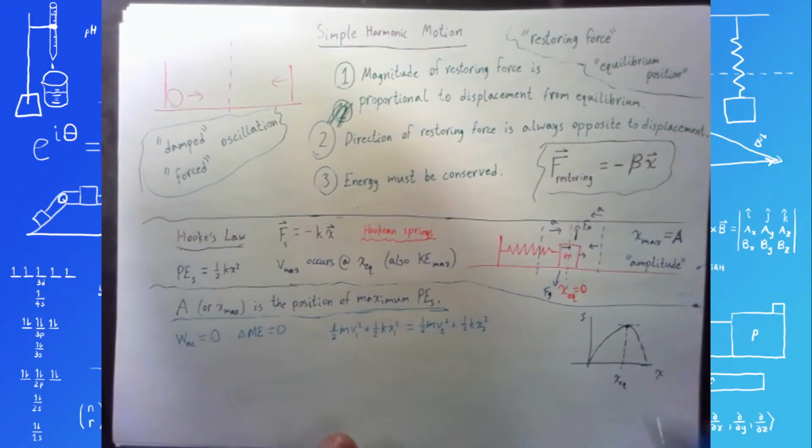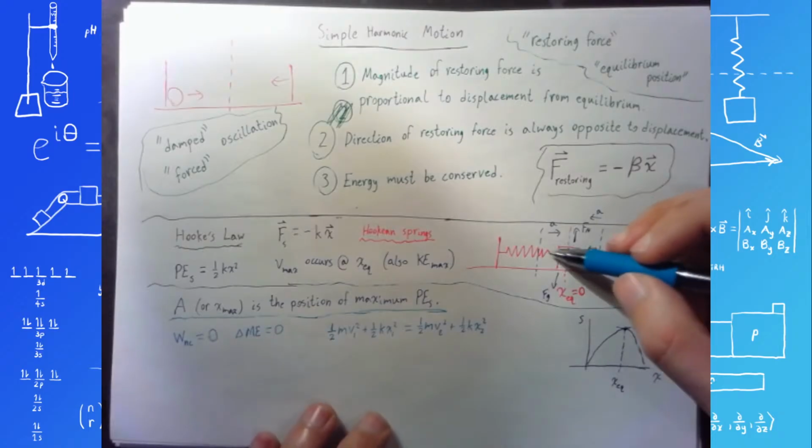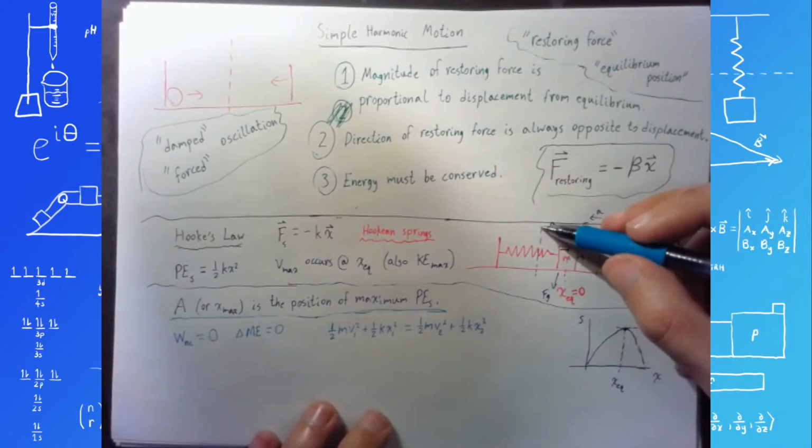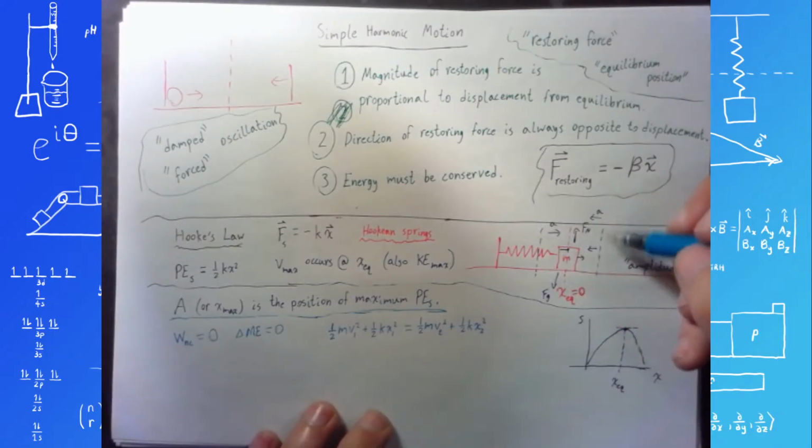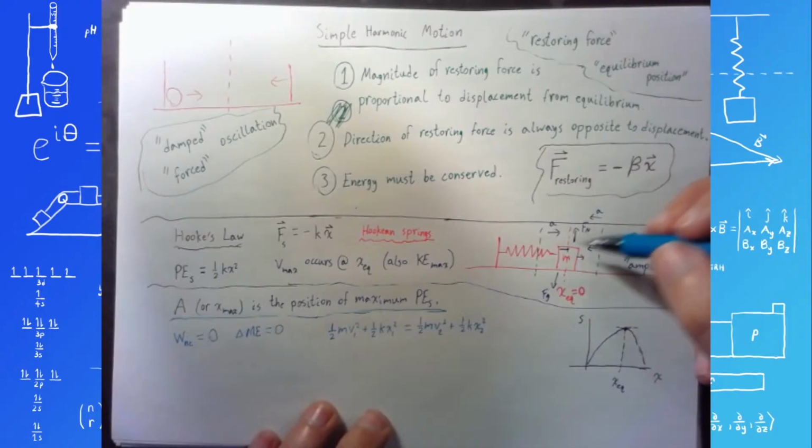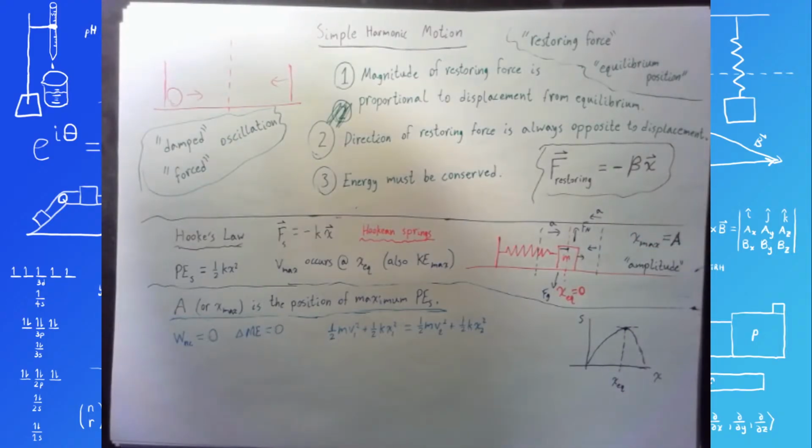If I were to pick two arbitrary positions between, of course, the limits of where this mass actually bounces back and forth, if I were to pick two arbitrary locations, x1 and x2, then the velocities v1 and v2 could be related to each other through this equation.